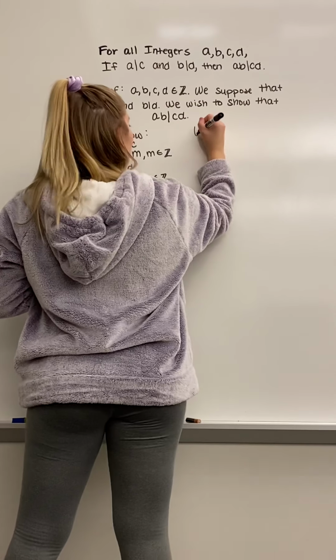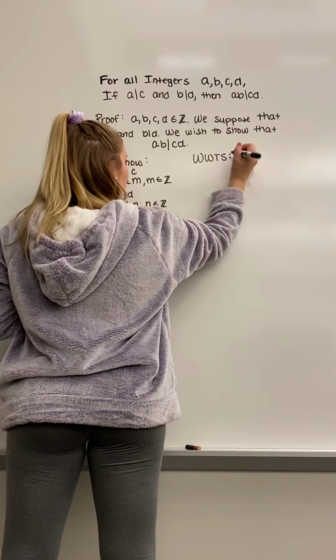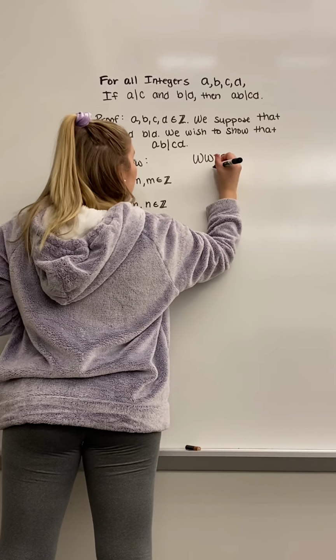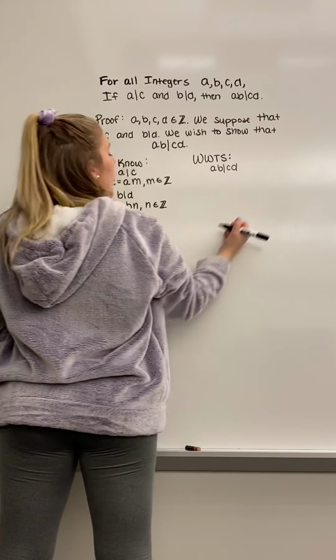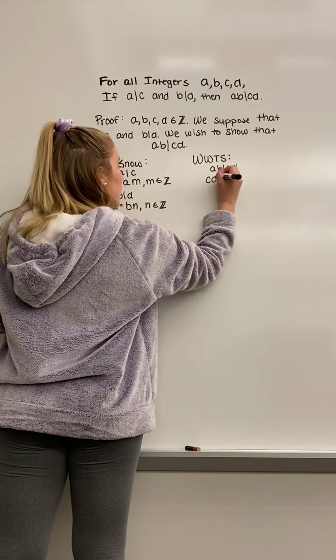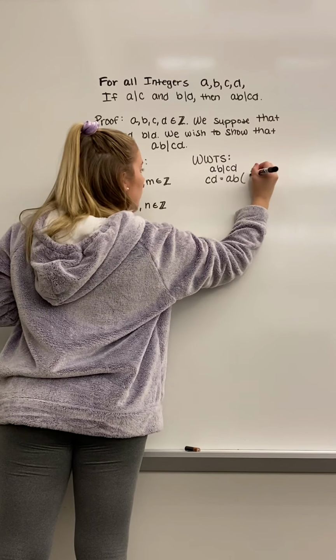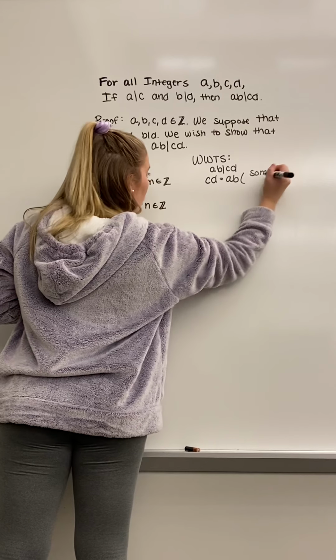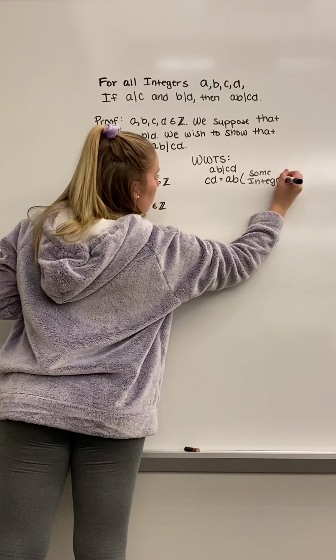We wish to show that a times b divides c times d. So we can then rewrite that as c times d is equal to a times b times some integer. We don't know what that integer is. That is what we are basically solving for.